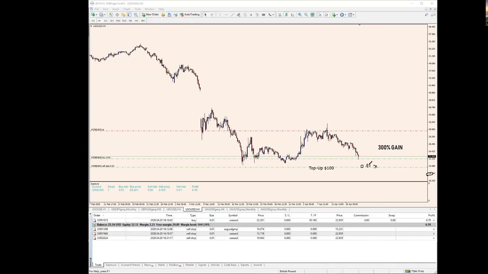Then instead of 0.02, I can buy 0.02 or 0.03 because I top up $100, which is 4 times the current capital.